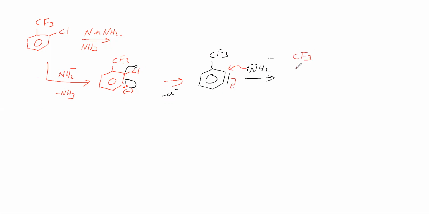So we will get NH2 at the ortho position and the negative charge at the meta position. Then NH3 gives H plus to this negative site and becomes NH2 minus. So CF3, phenyl ring, here NH2, and this C minus becomes a CH group, getting H plus from ammonia.